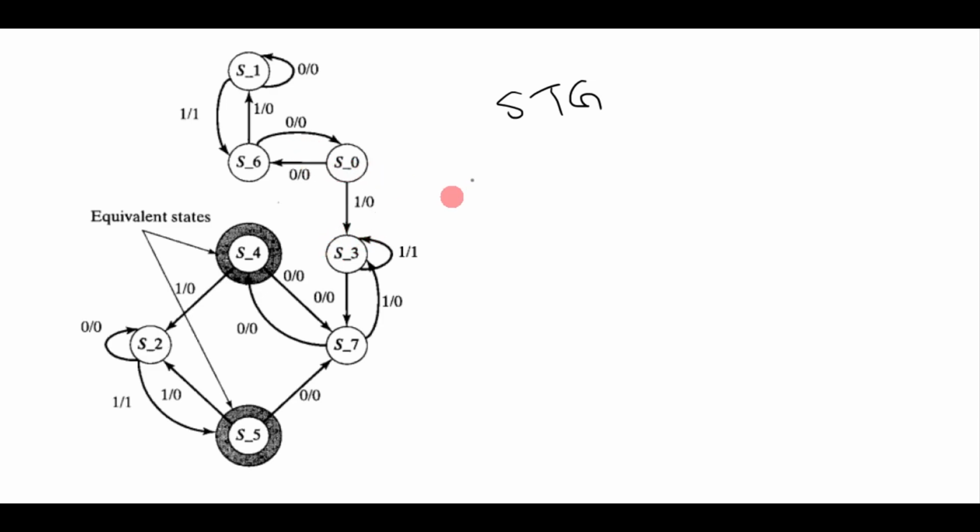Now first let us draw its state transition table from the state transition graph.